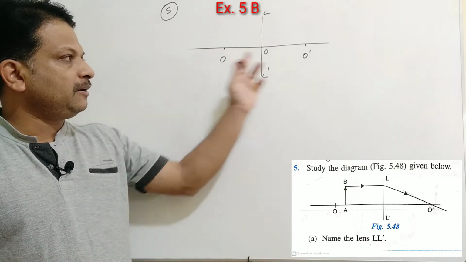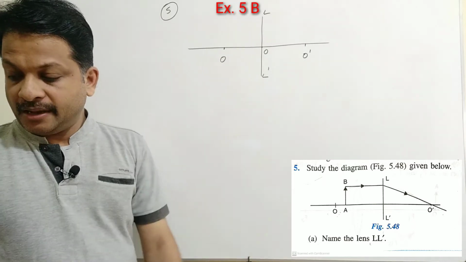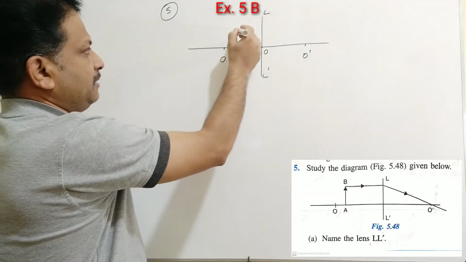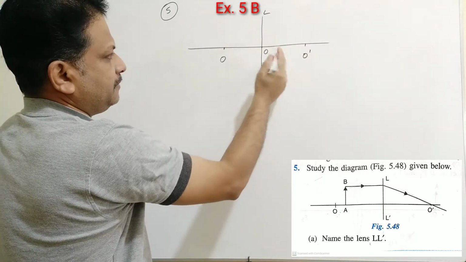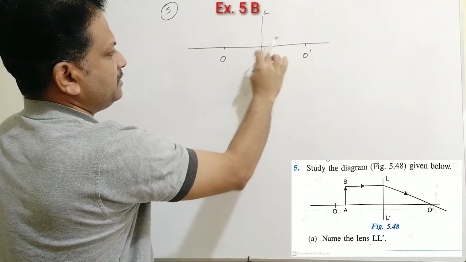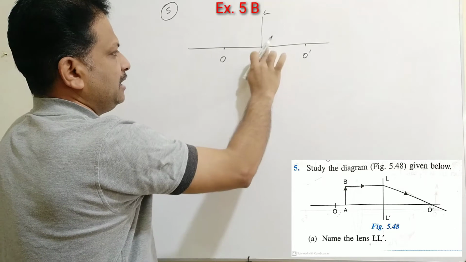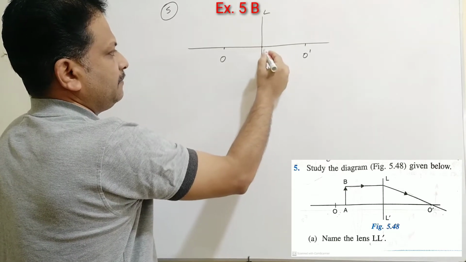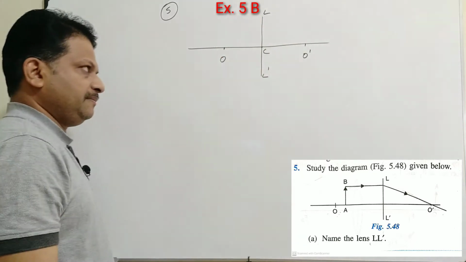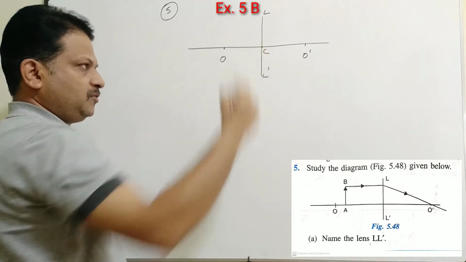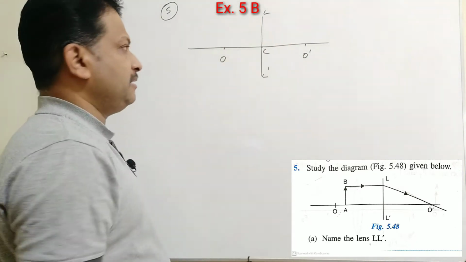The points are given O and O dash. An object is lying between this O and O dash. For our convenience, O and O dash is given there. Let us take this point, mark it as C. Okay, let it be C.